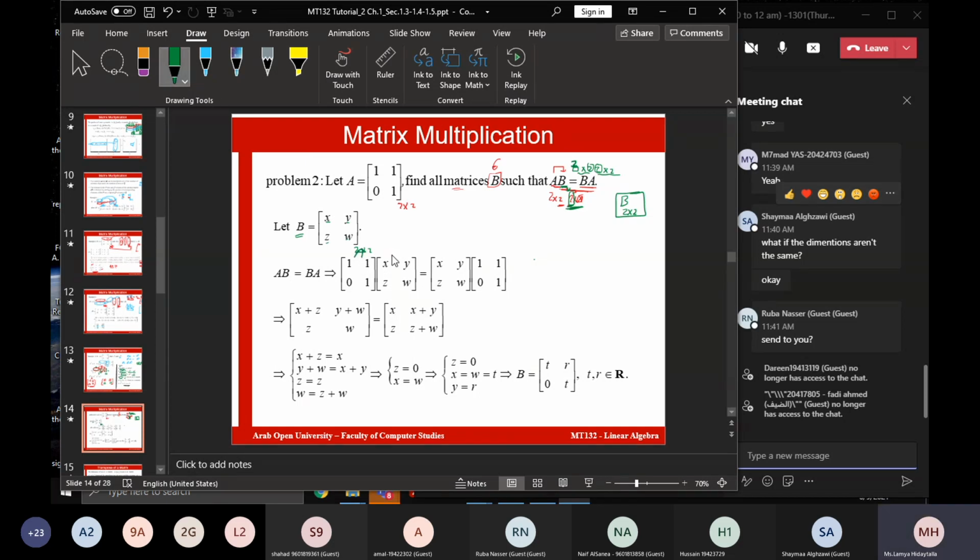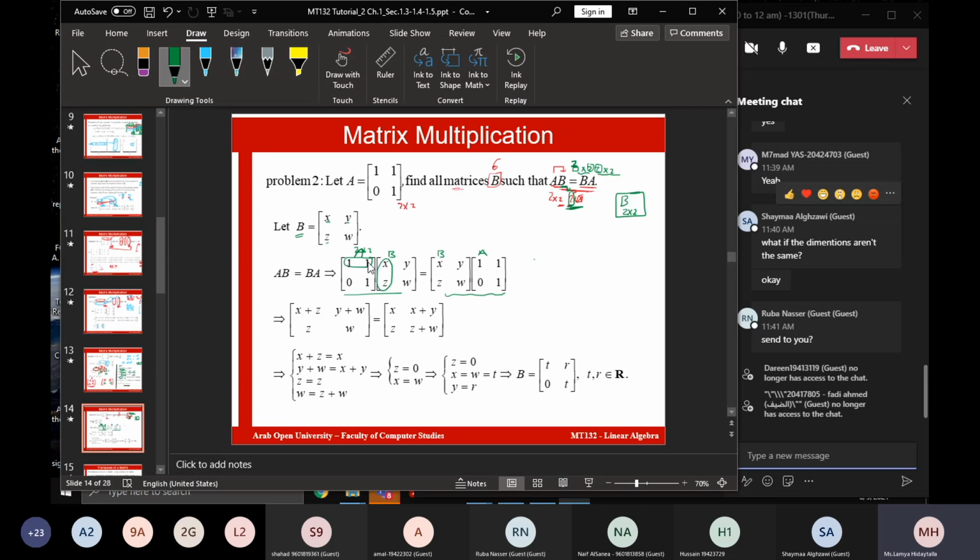This is A and this is your B, and this is B and this is A. What do we do? We do the multiplication of this and then we set it equal to this multiplication. How do we multiply? As we knew before, we multiply the row times the columns and then we get the value.